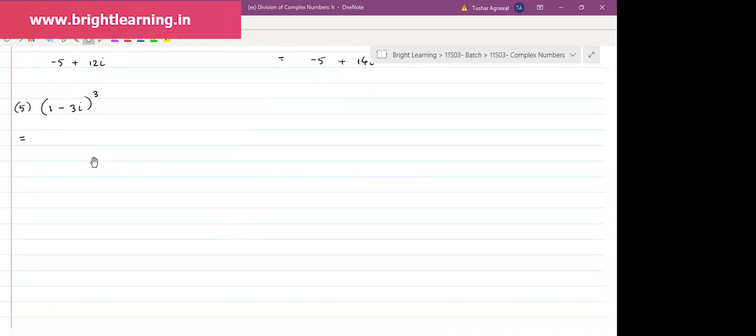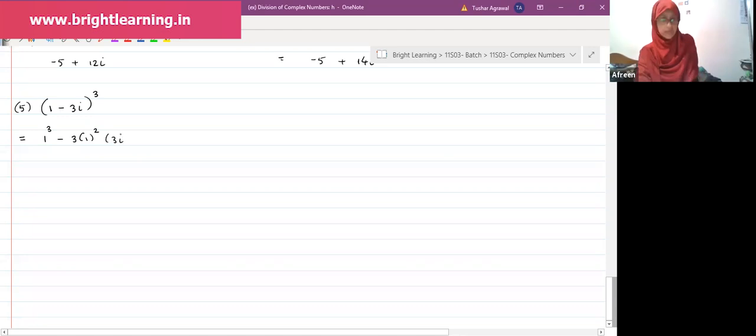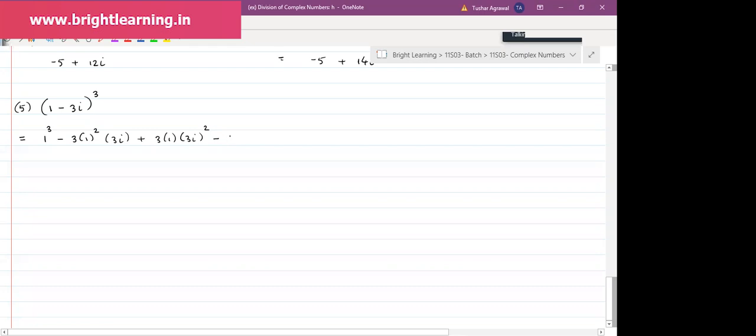Simply a minus b complete cube. So a minus b complete cube is a cube minus 3 into a square into b. That is 3i, plus 3 into 1 plus 3i square, minus b cube. So minus 3i complete cube.